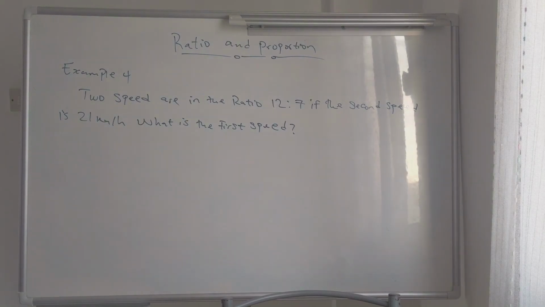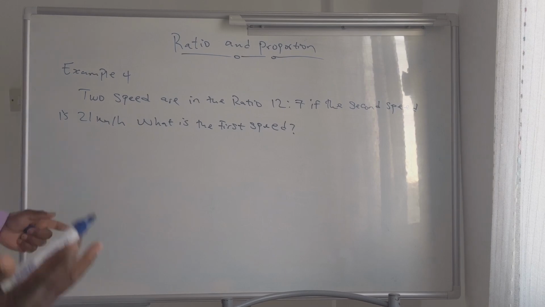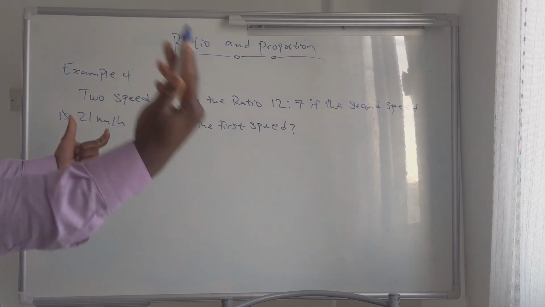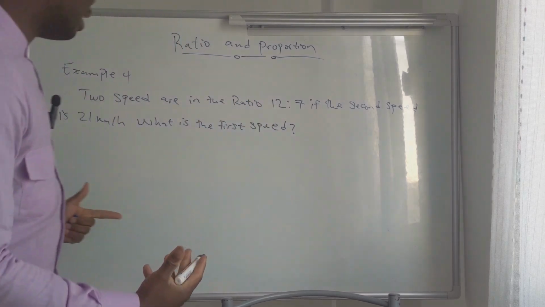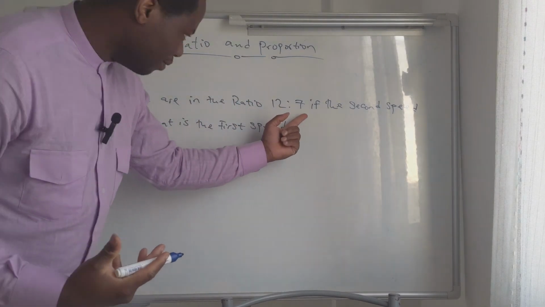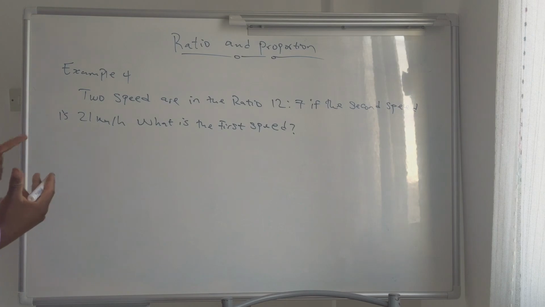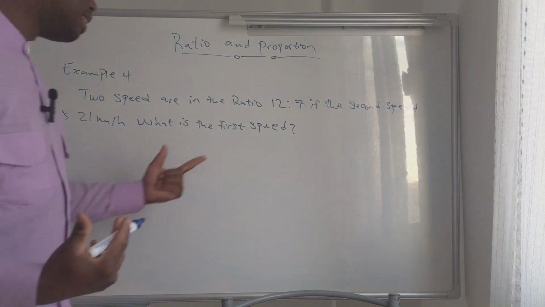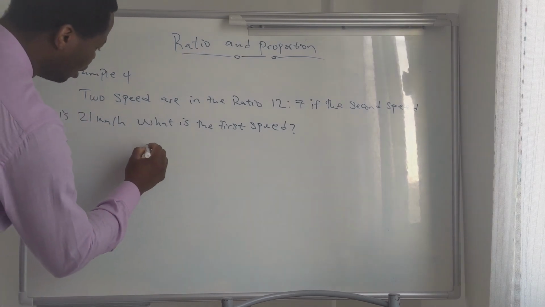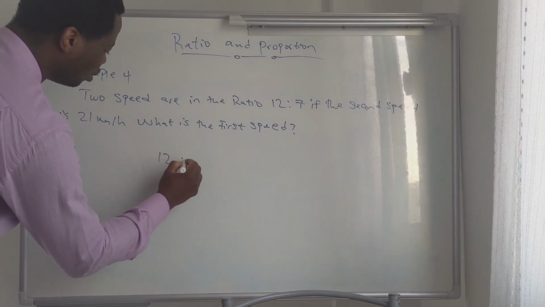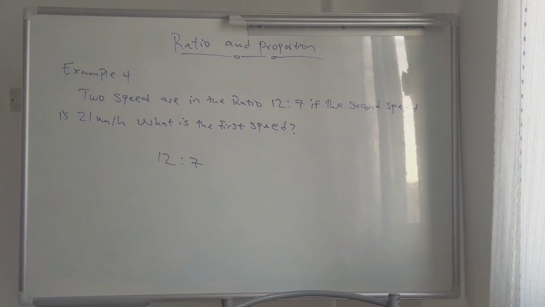So for us to be able to understand this better, we're told that the ratio of two particular speeds is 12 to 7, which means that the first speed has a ratio of 12, and the second speed has a ratio of 7. So now the second speed 7 is 21 kilometers per hour. So what is the first speed? This is very simple. 12 ratio 7.